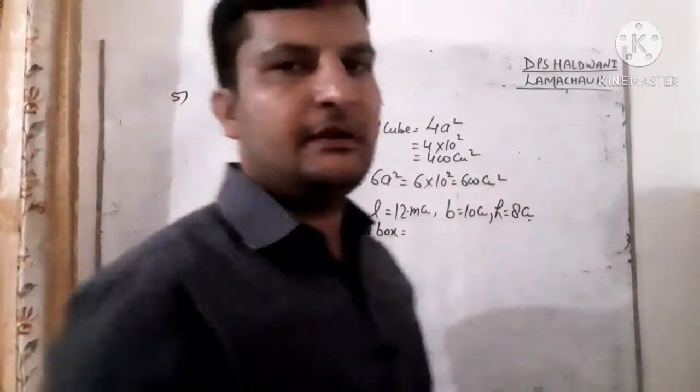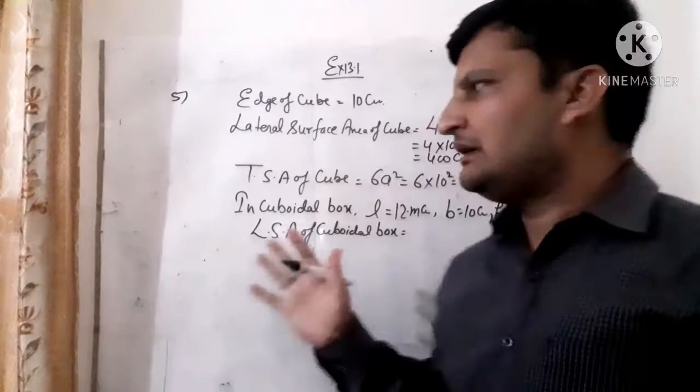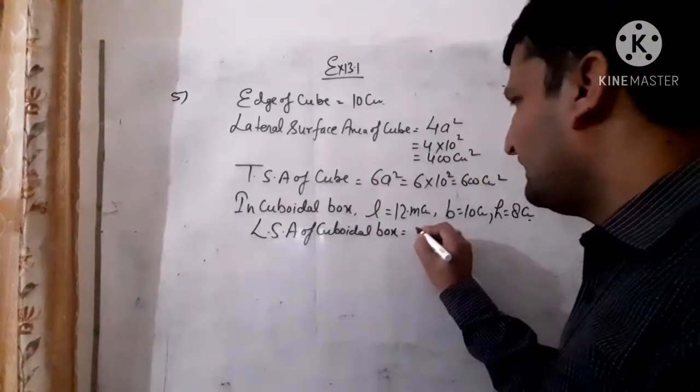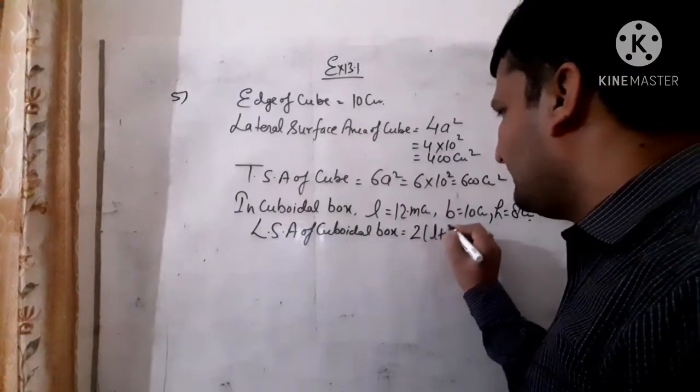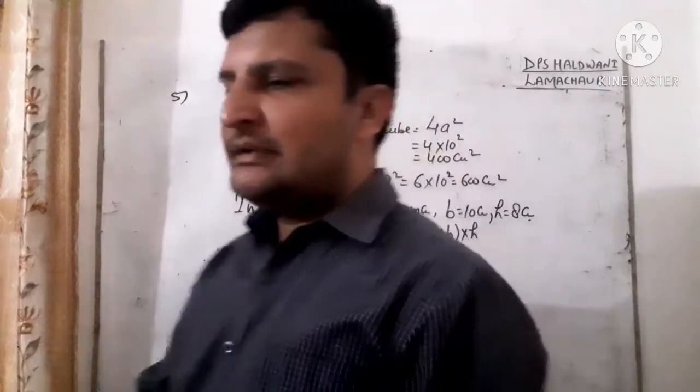So LSA of the cuboidal box means, students, I have told you in the last video that area of 4 walls is called lateral surface area also. Area of 4 walls we have written as 2 into L plus B into H, means total surface area minus base and the top.